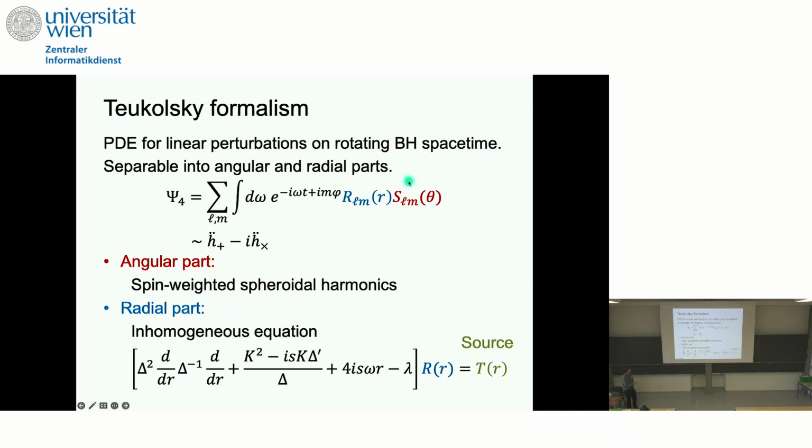Then the radial part is given by solving this inhomogeneous equation, sometimes called the radial Teukolsky equation. I do not give a detailed definition of this k or lambda, etc. It's not important in this talk, so you can forget about these details. I just would like to give you some insight: this operator, the radial function, and this source term.